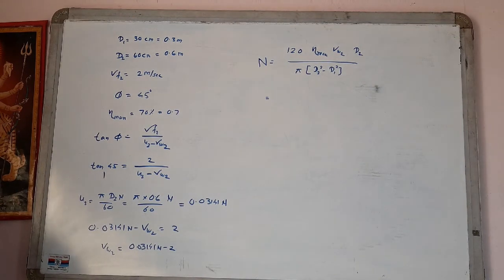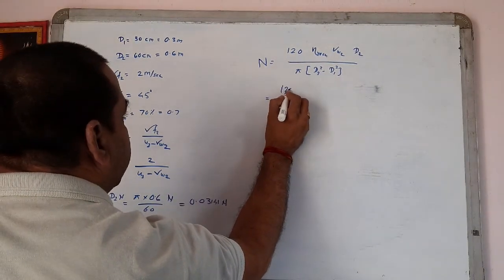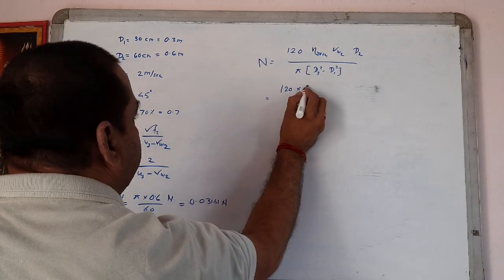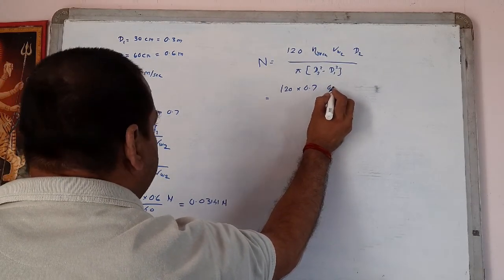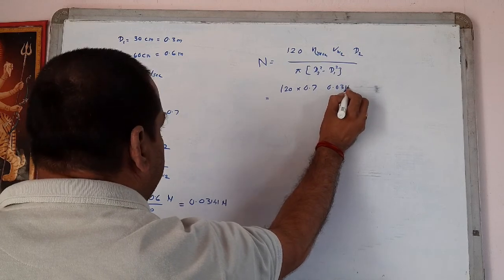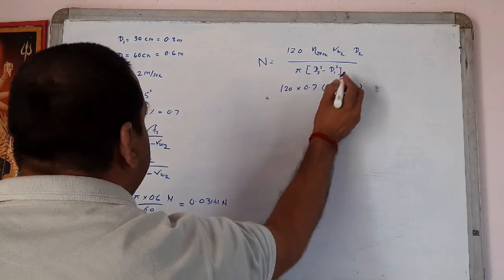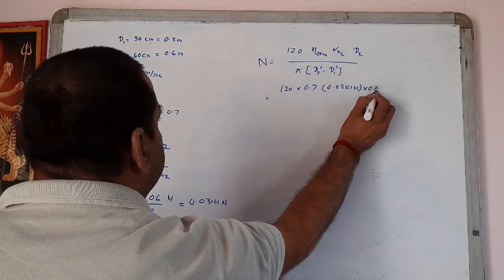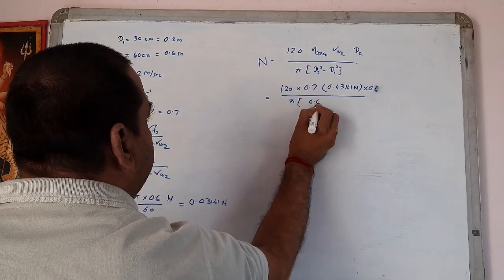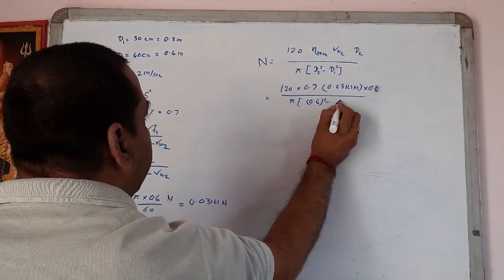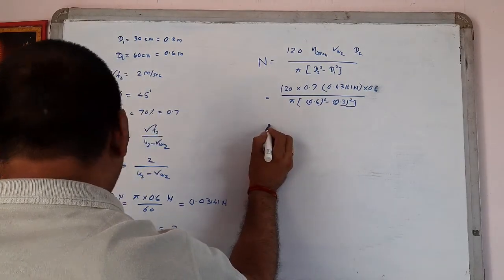So here putting the values, that is 120, eta manometric is 0.7, Vw2, D2 is 0.6, by pi into 0.6 square minus 0.3 square.